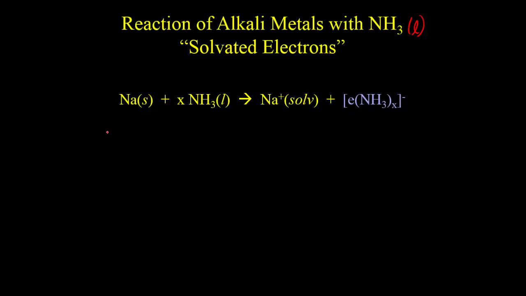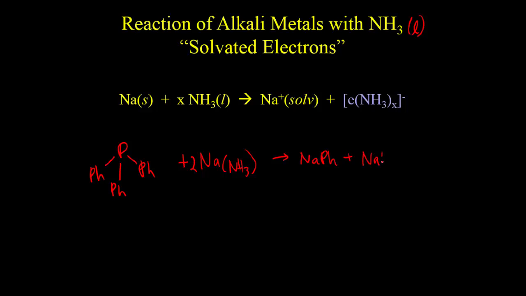So you can do reactions. For example, you could reduce the phosphorus-carbon bond in triphenylphosphine if you react it with sodium metal in liquid ammonia to produce, actually, let's balance this, sodium phenyl and sodium diphenylphosphide.